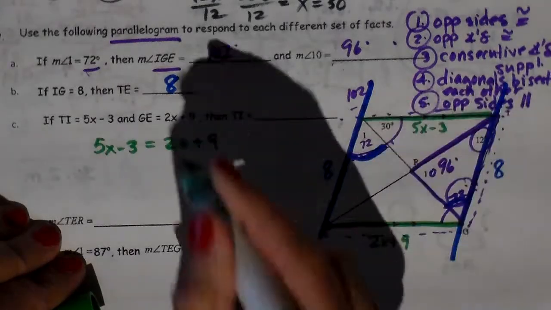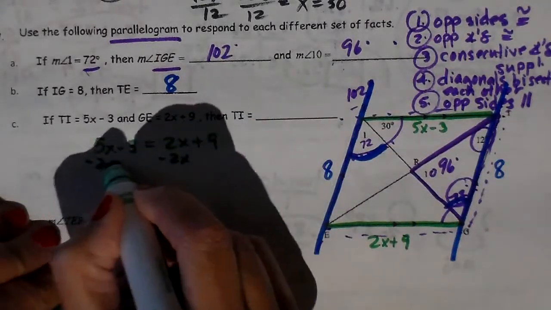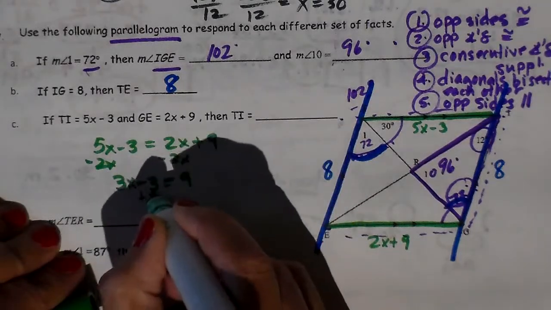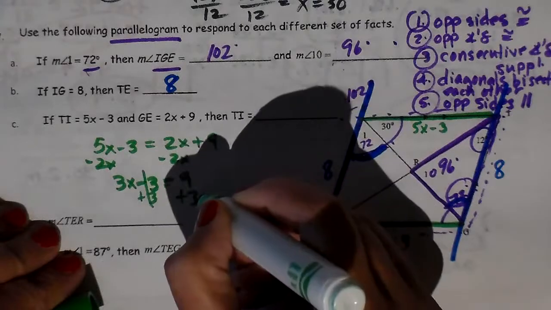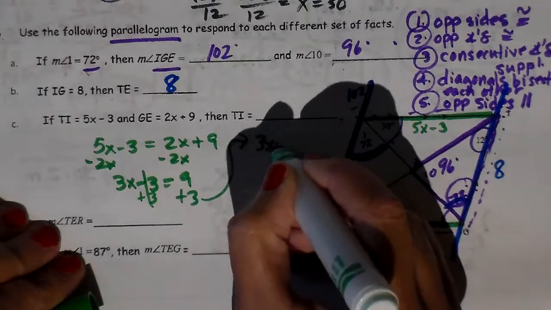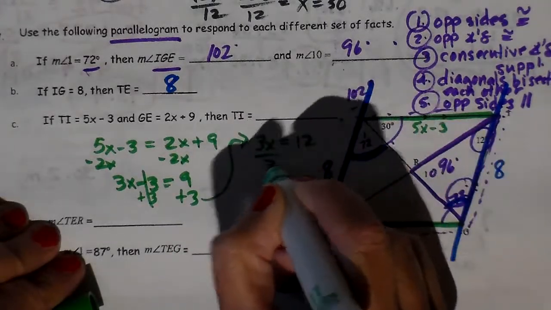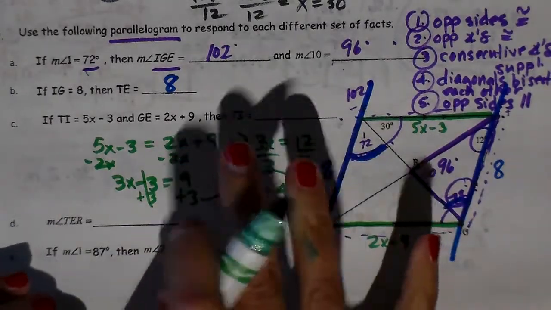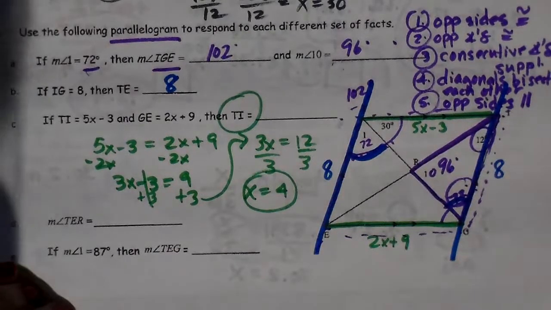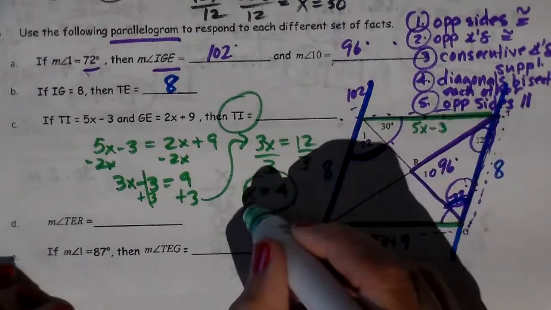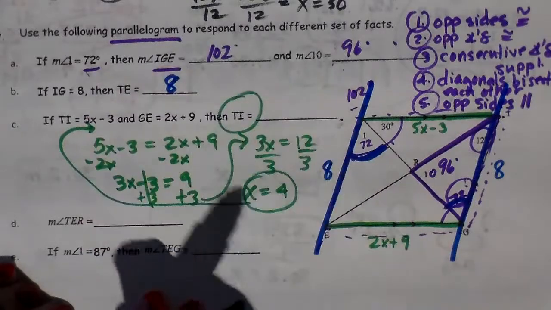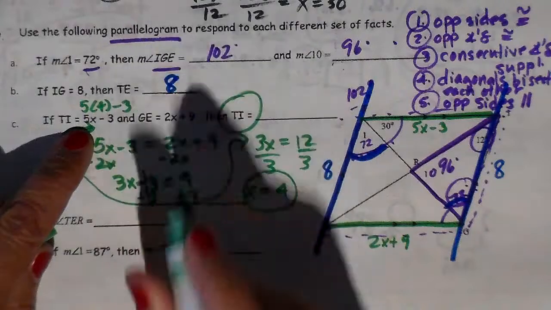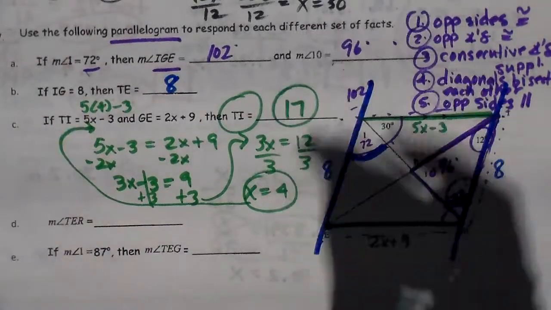Subtract 2x, I've got 3x minus 3 equals 9. I'm going to add the 3. Again, this is algebra, I'm flying through the algebra part. So 3x equals 12. I divide both sides by 3. So x is 4. Now, it's not asking for x, it's asking for TI. So I'm going to plug x in here in TI. 5 times 4 minus 3, which is 17.